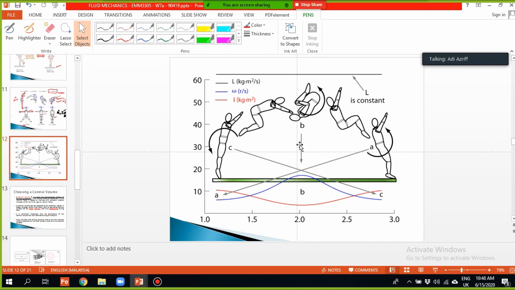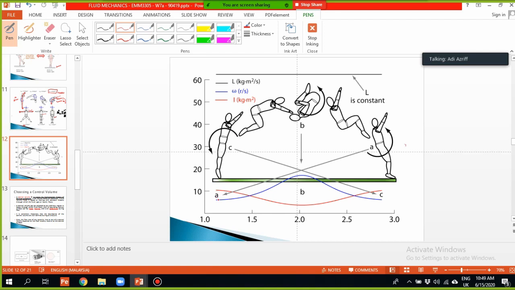Okay, this graph shows the relationship between L, which is I times omega, in radians per second, and your moment of inertia. If you notice here, for example, when you are flipping from this position to this position, by changing the formation, you notice the blue color shows the omega and the red color shows the moment of inertia.